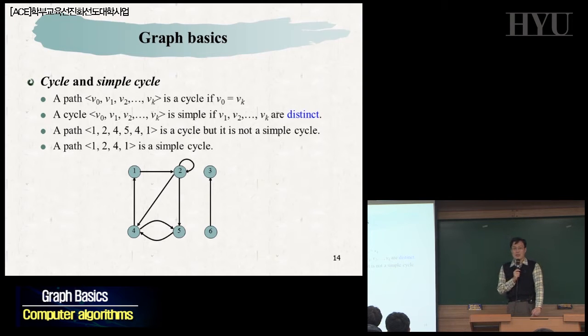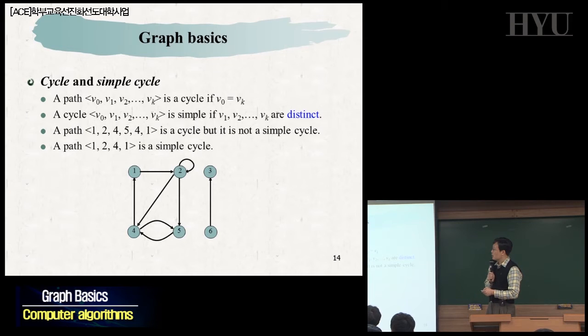And cycles and simple cycles. A path is a cycle if V0 is the same as Vk. And a simple cycle is one where the vertices are distinct from V1 to Vk. Look at this path, 1, 2, 4, 5, 4, 1.